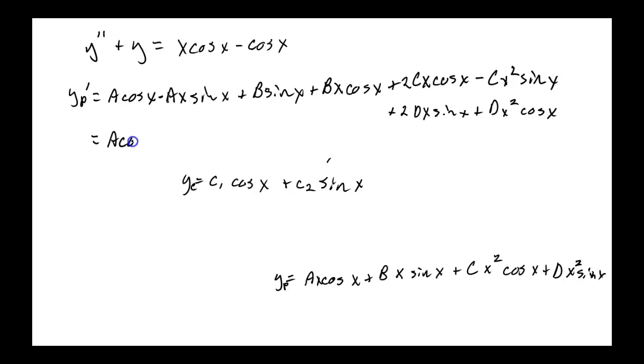So a cosine x, that's going to stay the same. Now here we have an x sine x, and here we have an x sine x. So let's combine those two. I'm going to do plus 2d minus a x sine x.